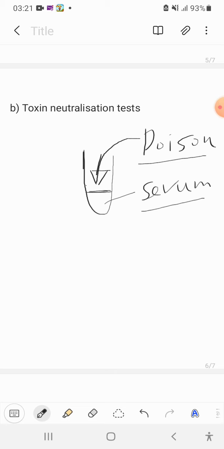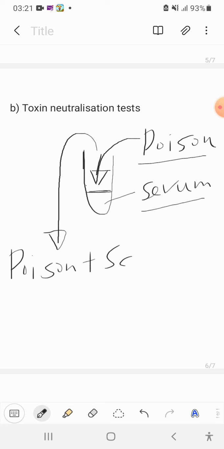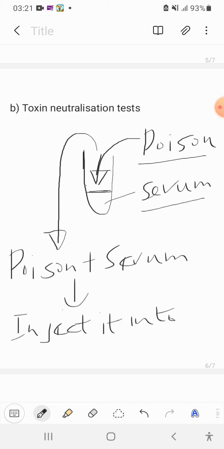So once you add it and incubate, you take this suspension of poison plus serum mixture, then inject it into a susceptible animal.